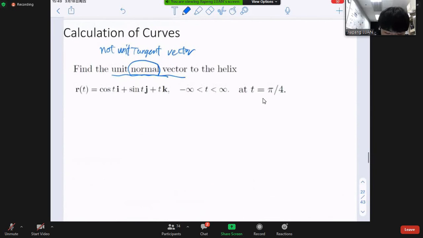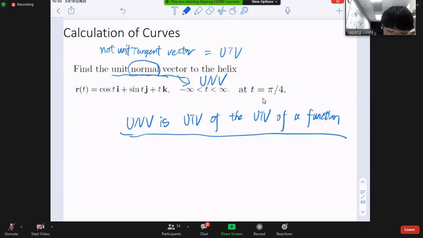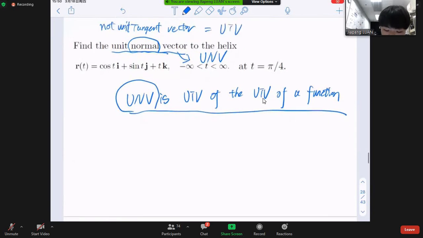So I can just write down here. If you say the UTV, and this is UNV, so the UNV is the UTV of the UTV of a function. Okay, so that is what a unit normal vector is.